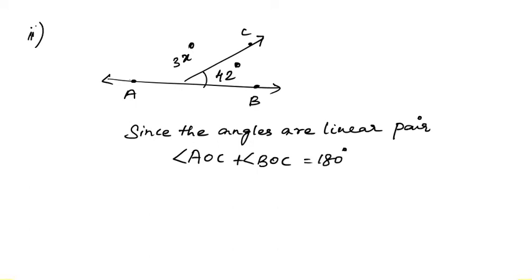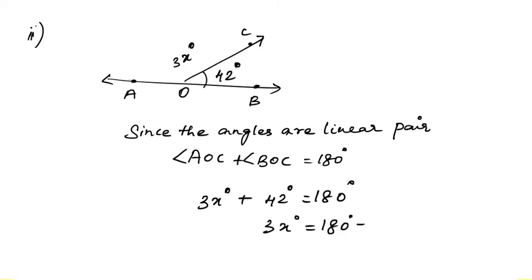So here the value of angle AOC is 3x degree plus the value of angle BOC is 42 degree, which is equal to 180 degree. So first find value of 3x degree. So we get 180 degree minus 42 degree, and when you subtract we get 138. So this is your 3x degree.